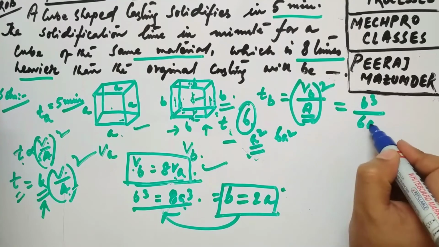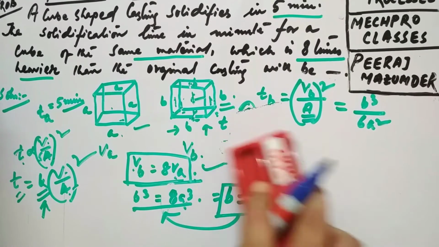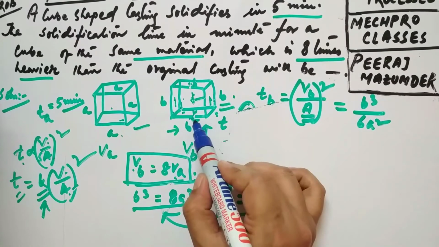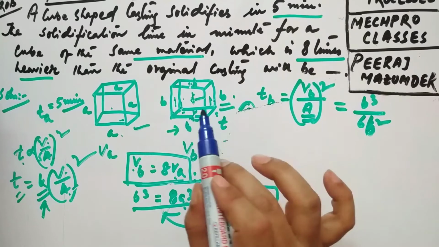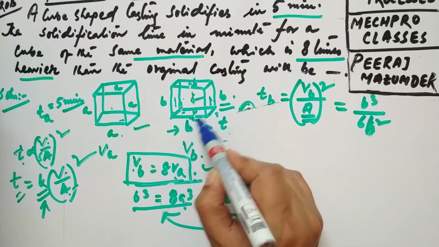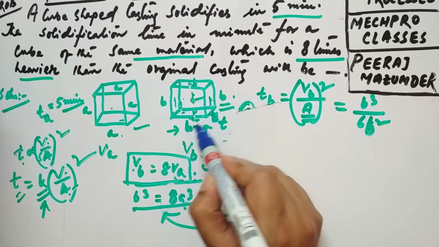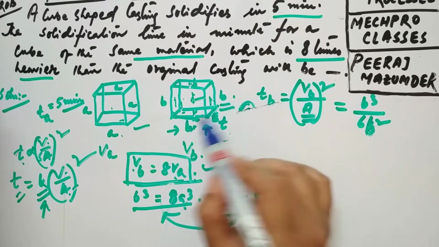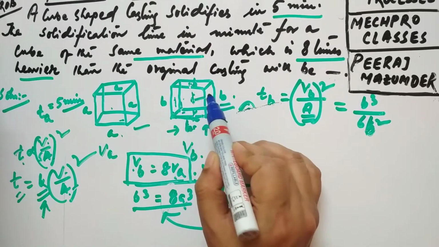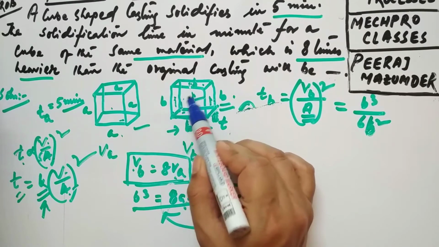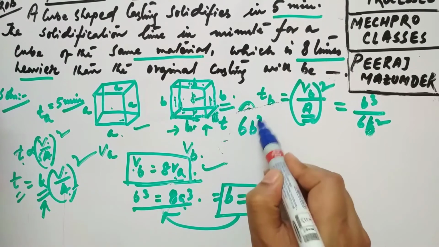So I can write 6A square. I think it is clear to you why it is 6A square, because, no, it should be B square. Okay. Because we have taken B. Look, for any 2 consecutive sides, we have surface area as B into B, that is B square. Now for this particular cube, we have 1, 2, 3, 4, 5, 6, total 6 surfaces. So that will be 6 into B square.